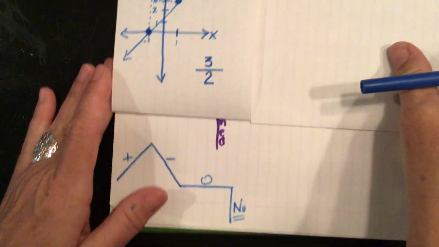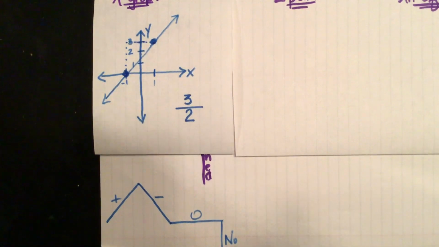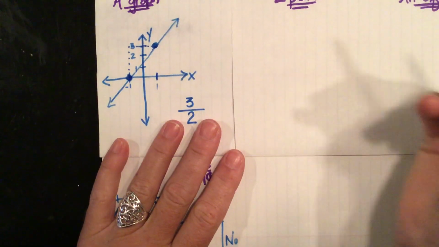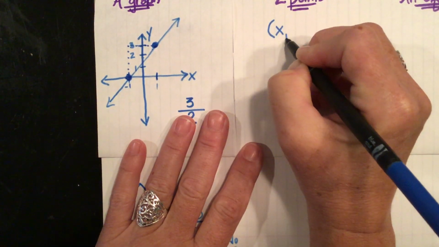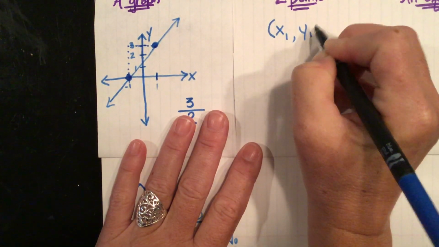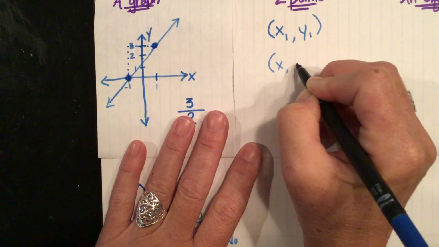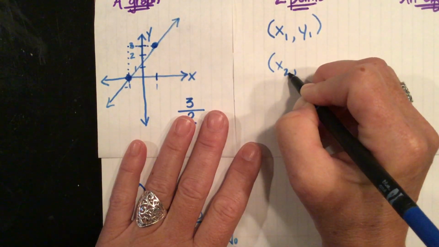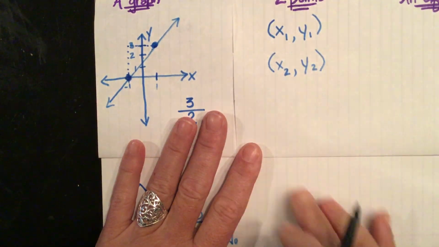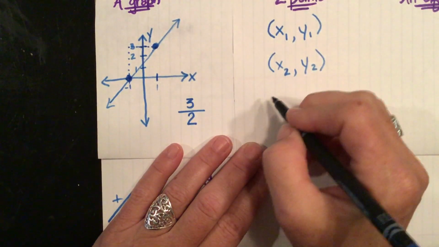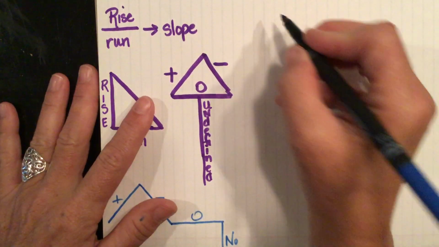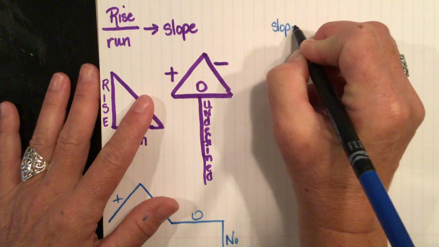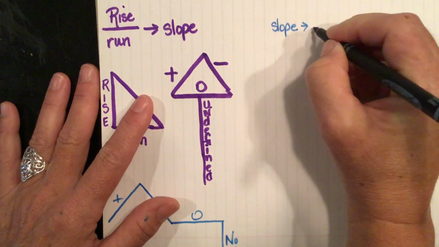All right, the next one is between 2 points. You can find the slope from 2 points, and if you are given an x1, y1, x2, and y2, basically what we're finding is the slope equals the change.